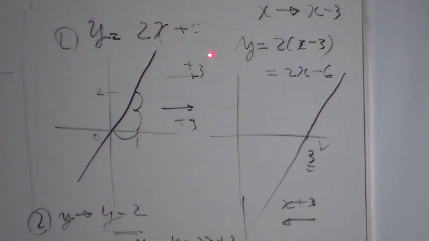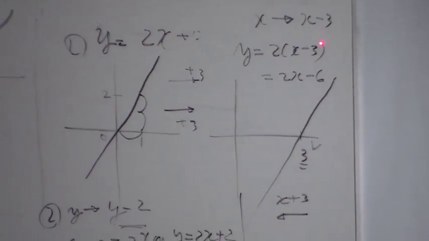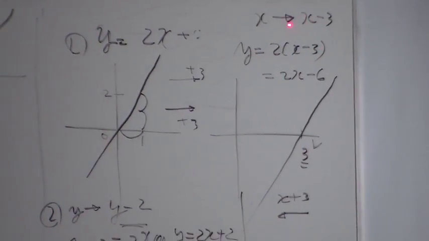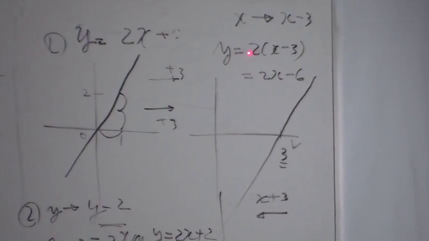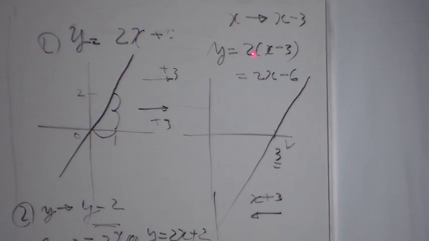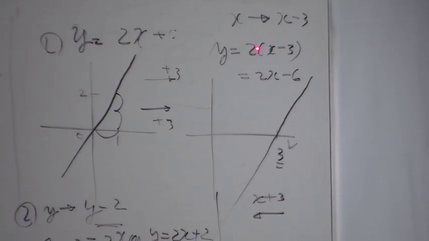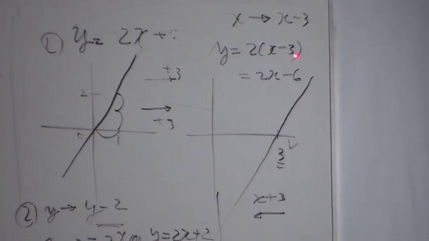That's the meaning. Now, x is replaced by x minus 3. So instead of x, I'm going to use x minus 3: 2 times parentheses of x minus 3, not simply x minus 3. Parentheses holding minus 3.